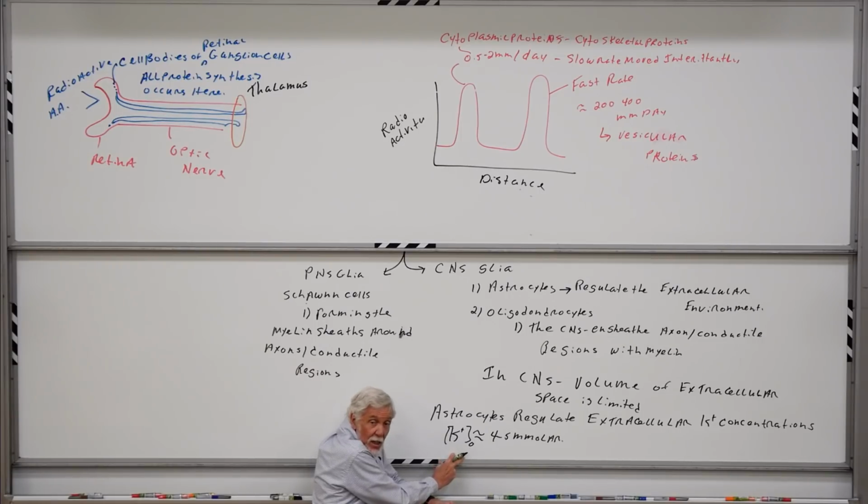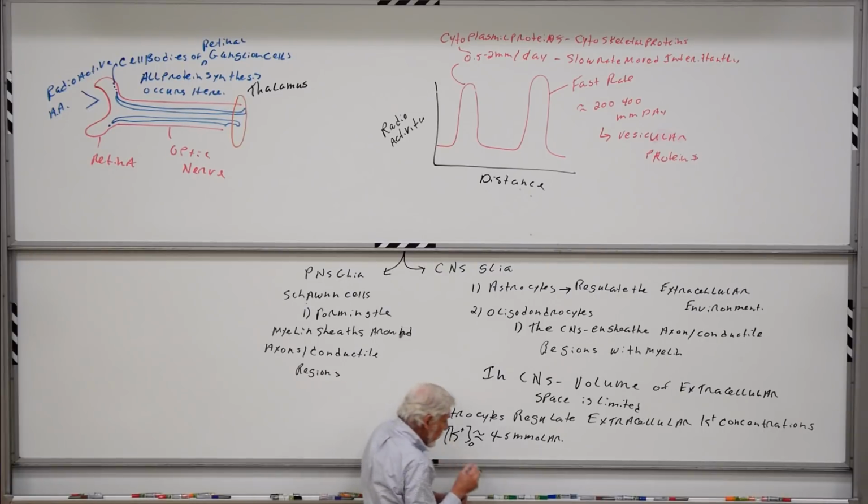We'll see why that is a little later. It has to do with the fact that the membrane potential is due largely to a potassium battery. If you start putting too much potassium outside, you foul the potassium battery. And so what we need to do here is maintain the concentration of potassium within these very narrow ranges. And that's the job of the astrocytes.